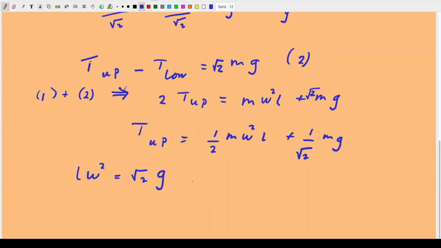Okay, what do we get? T up equal, and we have a half here. So we get mg over square root 2, and then we have plus mg over square root 2, like this, and that's 2 mg over square root 2, which equals what?